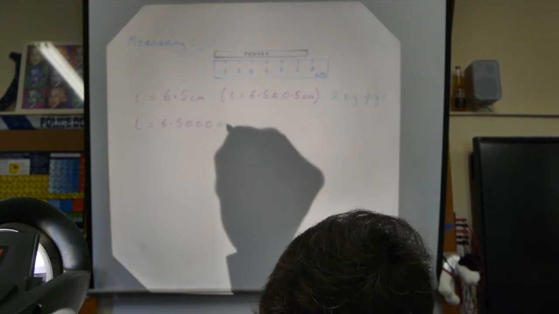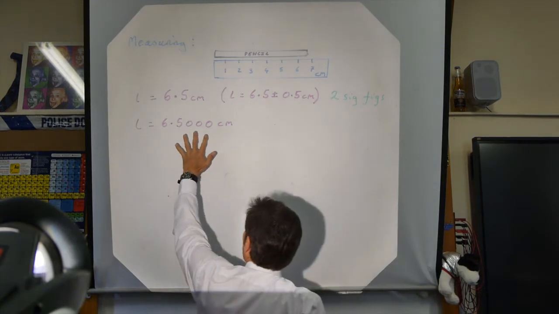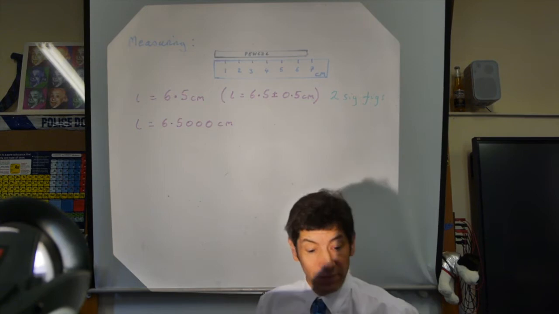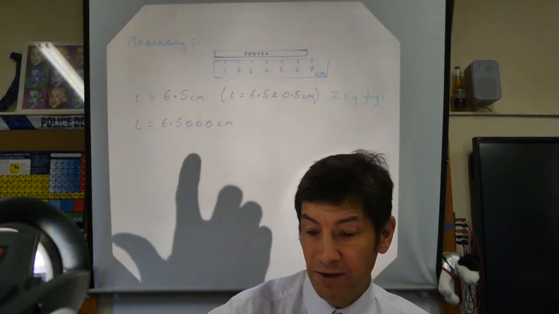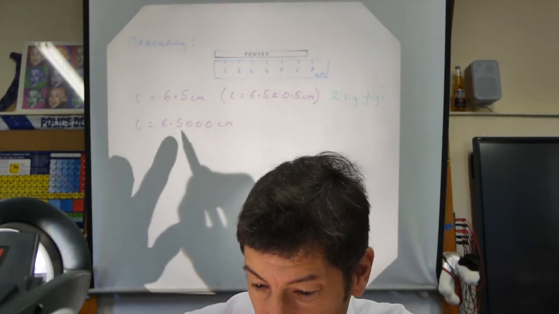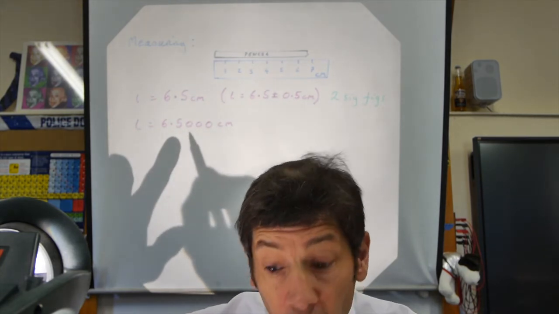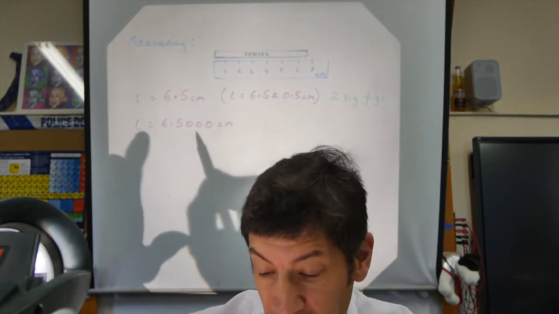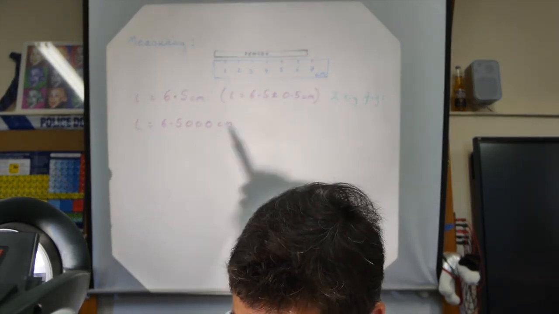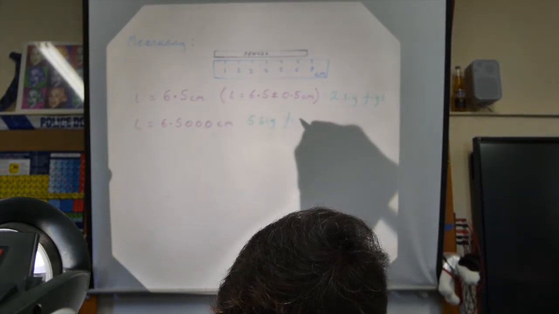6.5000 centimetres. Now if we did that, we'd be measuring to a very high level of precision. It wouldn't be possible in this case, but there were students who might be happy to write that down. And if we look at this, we're measuring 6.5, and then we've got information here about even finer detail, about hundredths, and thousandths, etc. So if you look at this one, 1, 2, 3, 4, 5, this is to 5 significant figures.